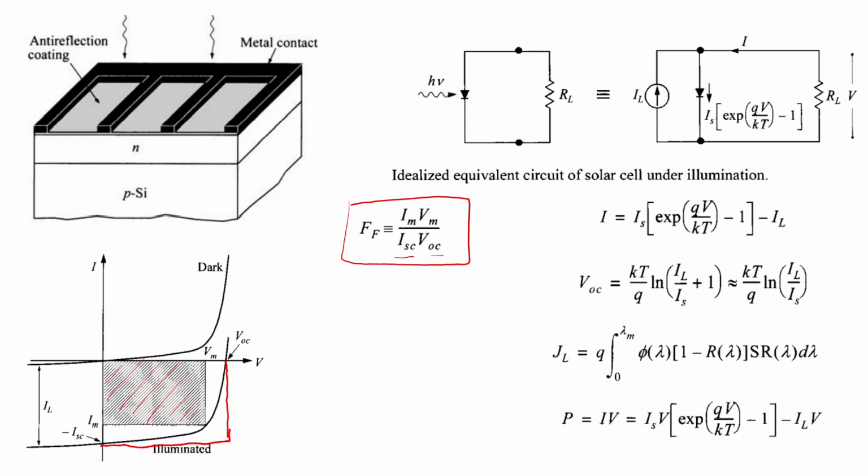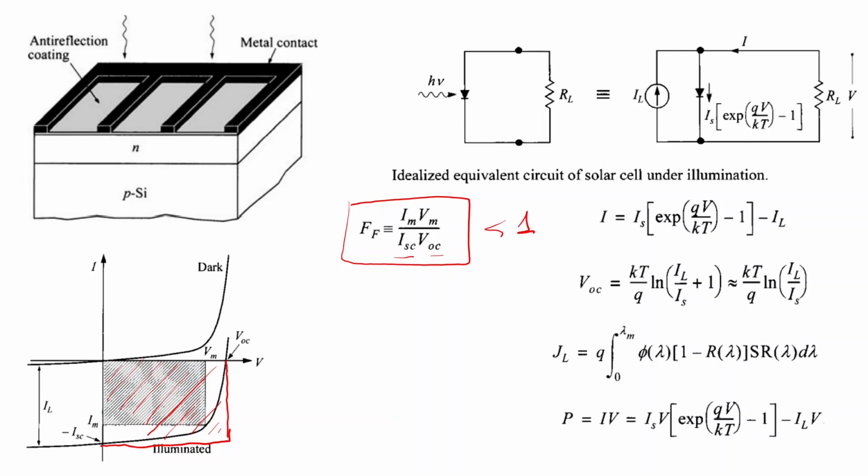So ideally, we want to have this dashed area larger, approaching this VOC times short circuit current, but it's impossible because it would mean that we have collection of all charge carriers which are generated, and there are no recombination and extraction losses. So that's why this fill factor is always smaller than unity.